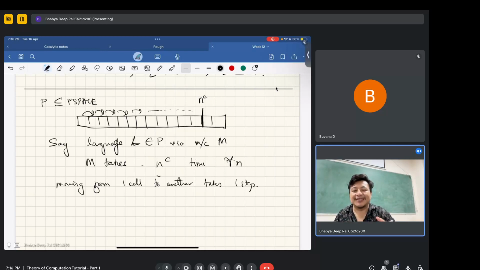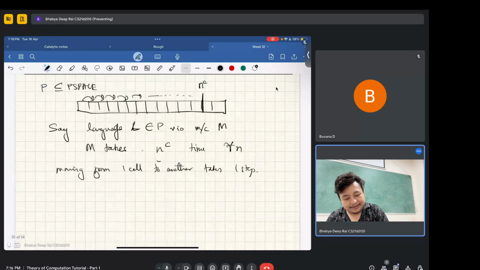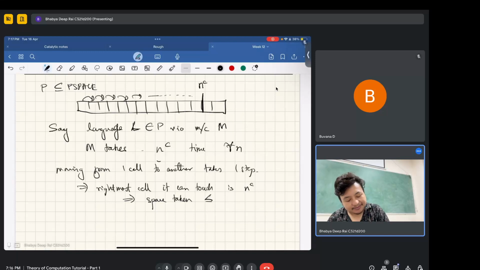How can it move to a cell that is further away? That is not possible because it is time bounded, and therefore restricted by time, it is restricted by space also. So the rightmost cell it can touch is n to the c, which implies space taken in the worst case is at most n to the c many bits.